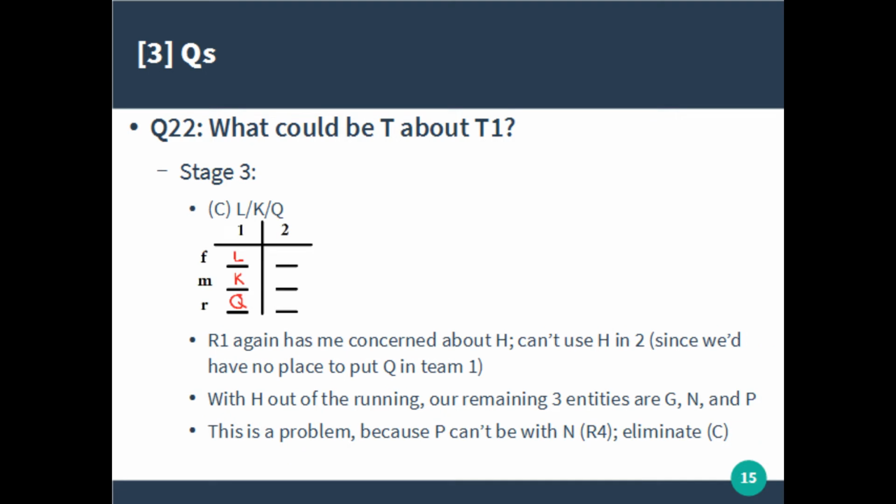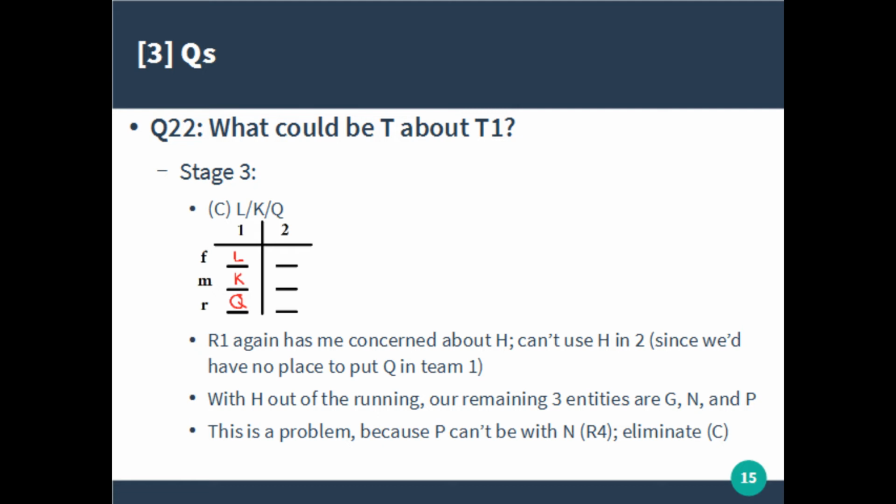So pushing right along into answer choice C, C proposes that team 1 looks like L in front, K in the middle, and Q in the back, and I'm starting to get déjà vu again. Rule 1 has me concerned again about H, because H being in front is something that I'm thinking of, and if we want to do that, we would have to put H in team 2, and since we have no place to put Q in team 1, just like A and B, this again disqualifies us from using H in team 2.